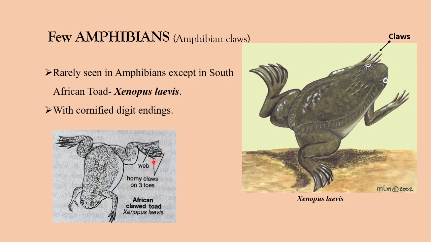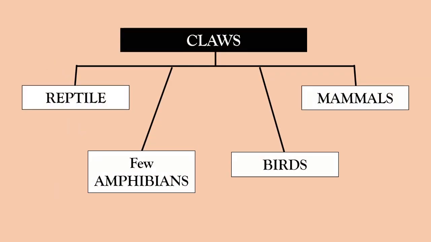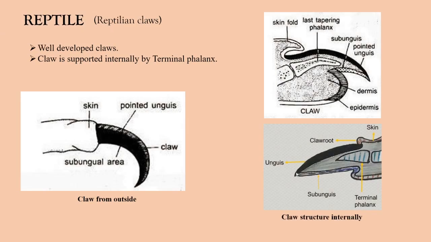Now that we have seen amphibian claws, let's understand the reptilian claws in detail and see how these claws differ from those of birds and mammals. As we can see in the structure of reptilian claws, we have the dorsal plate, the unguis, and the ventral plate, the subunguis.